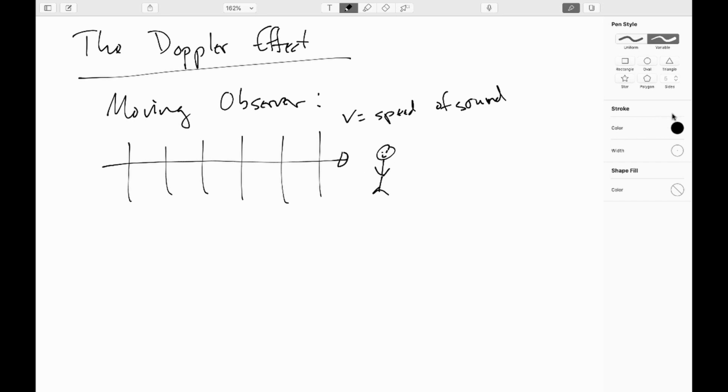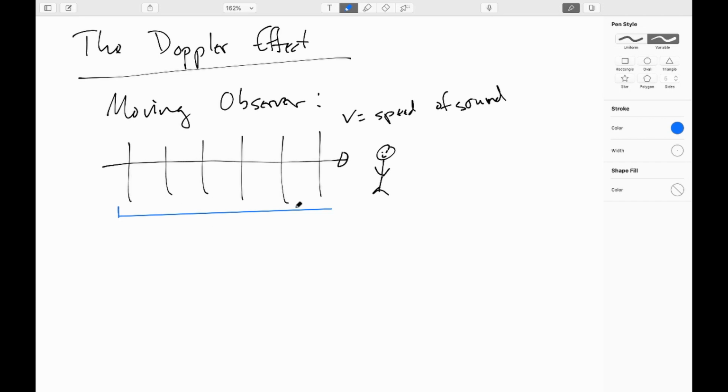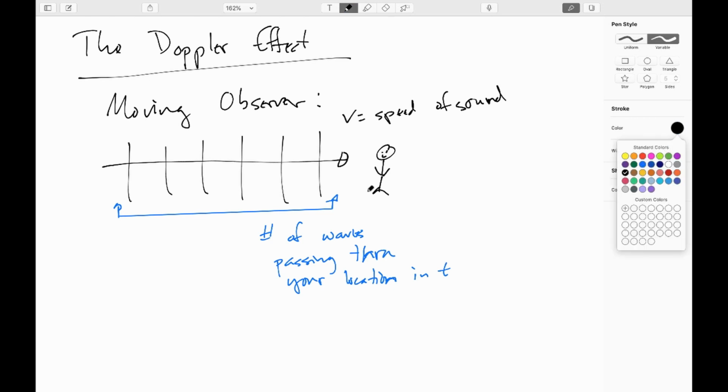And let's say in some time t, make it a second, whatever, ordinarily this many waves would just pass through your location in time t.